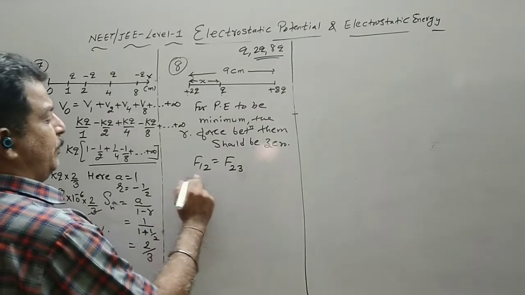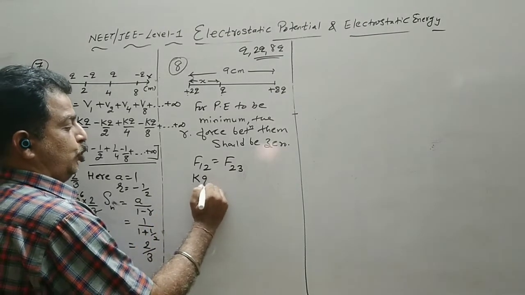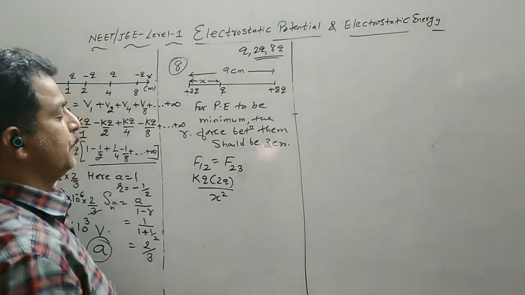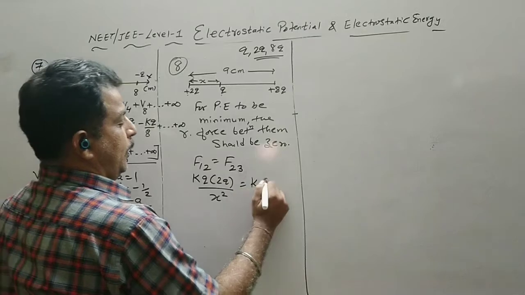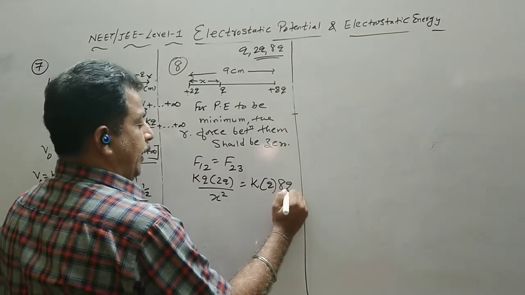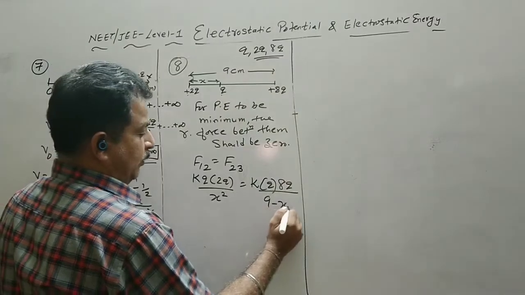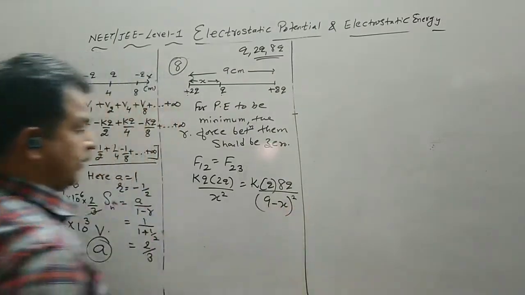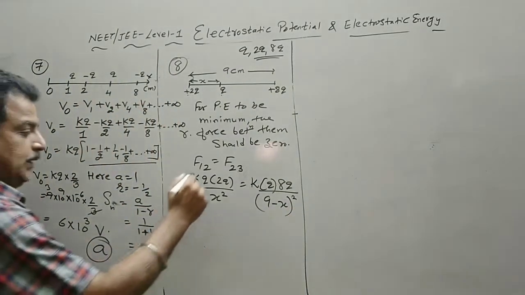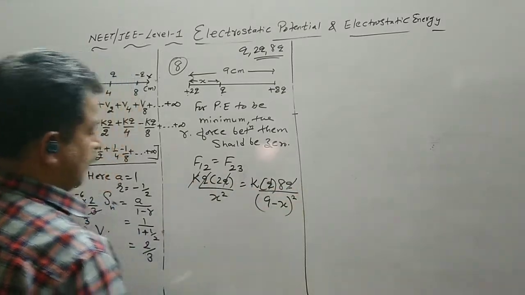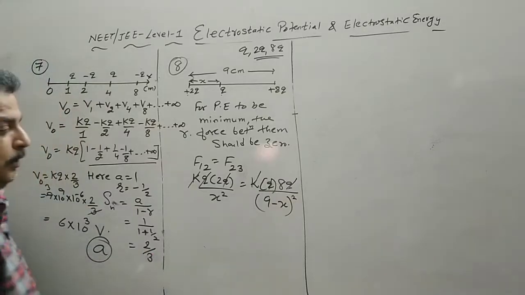So this force between them, K, Q, 2Q upon x square, is equal to K, Q, 8Q upon 9 minus x whole square. So Q all is cancelled, K is also cancelled.